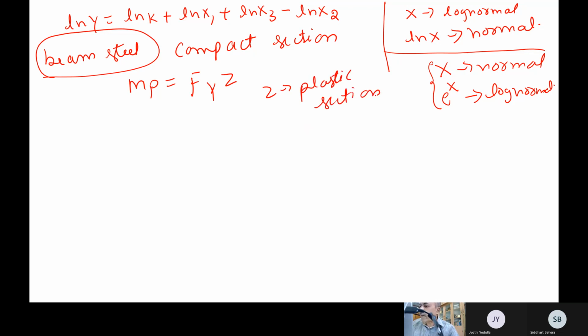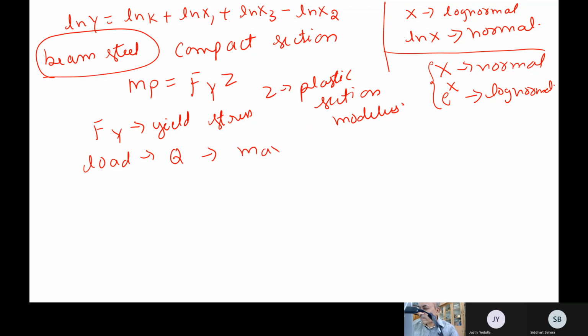So this is for a compact section. Fy is the yield stress. And let us say the load is Q, and this is also a random variable, the maximum moment demand or whatever. So let us say Q indicates some moment demand on the steel beam.